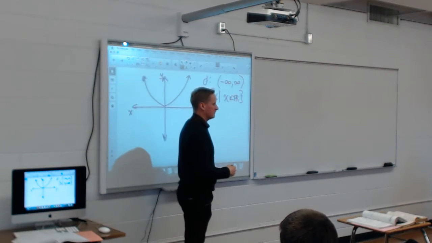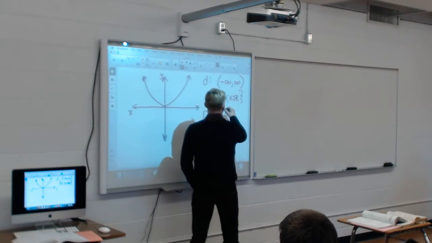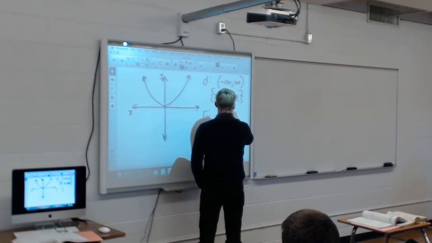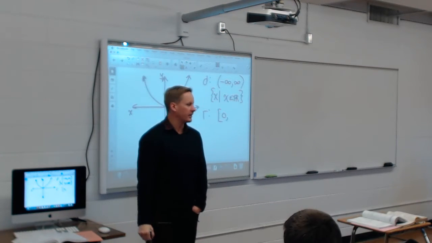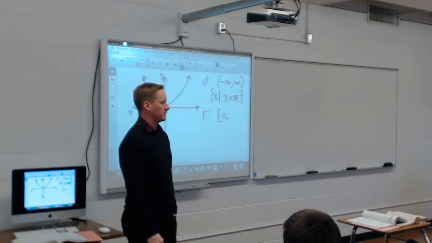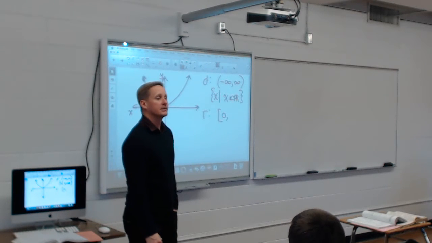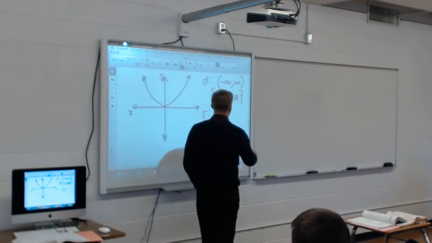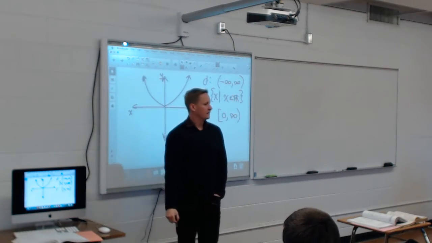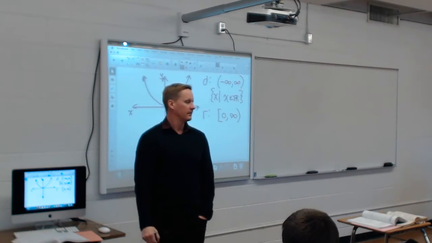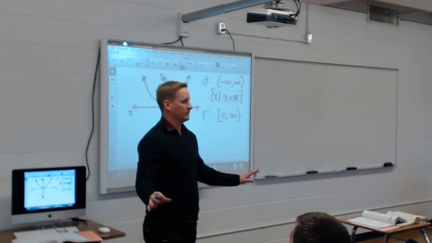Is it included? Yes. It will have an open dot if it doesn't. So 0. And what is the largest value that y goes to? Positive infinity. And then would you just put or and? Nope, we're done.